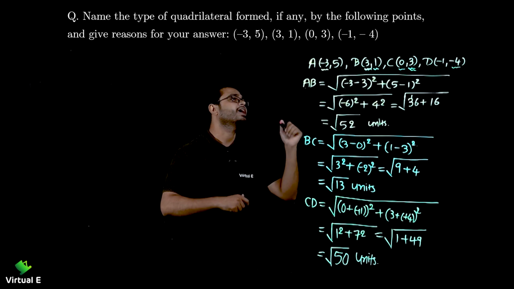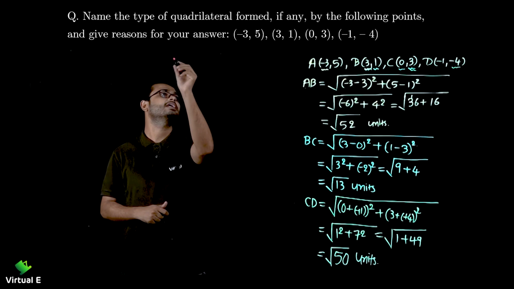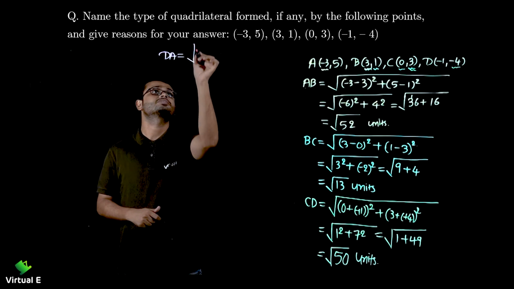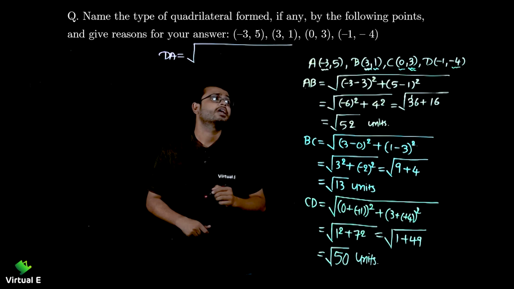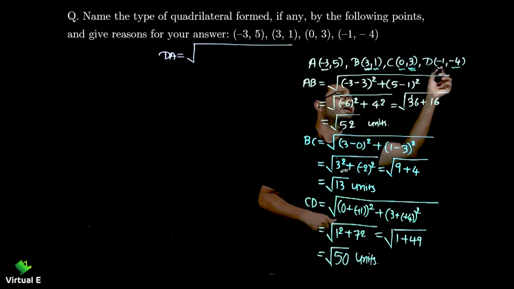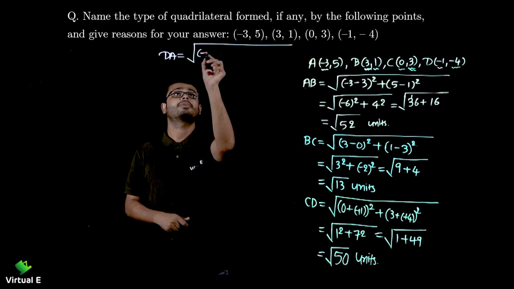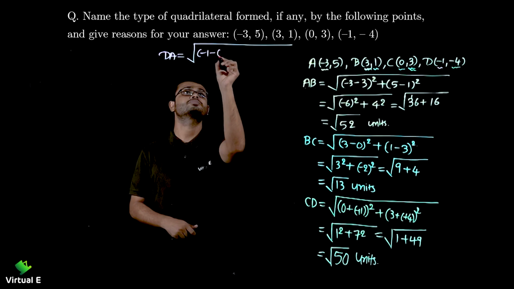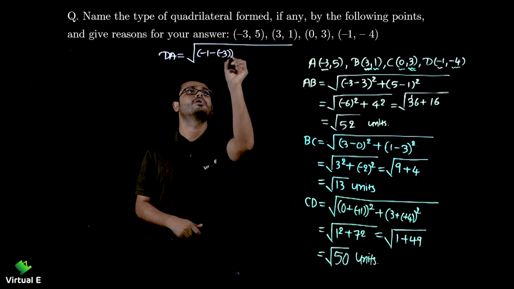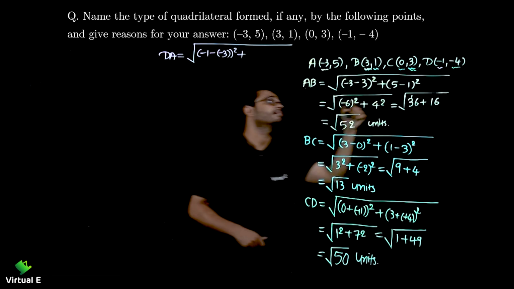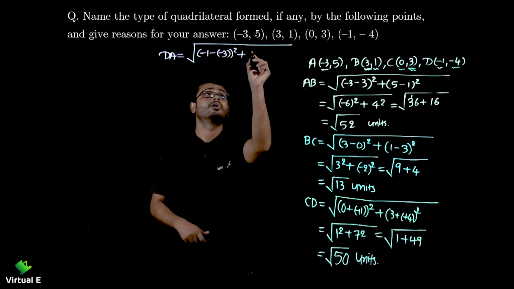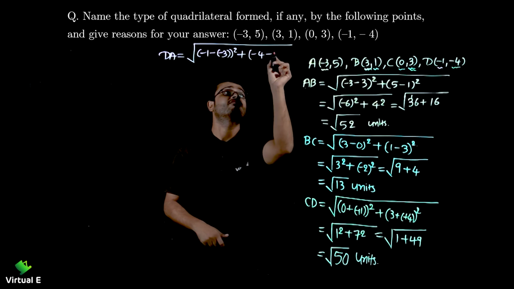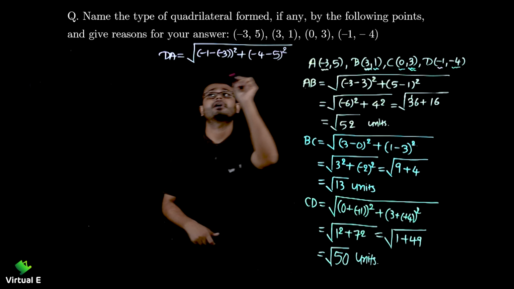Okay, so which is AD, or you can write DA. Let's write DA. Square root sign as it is. Now my x1 will be minus 1. So let me write minus 1. Then minus sign for the formula, and minus 3, which is my x2, whole square, plus my y1 is minus 4 here, minus, what is the y2? 5 whole square.